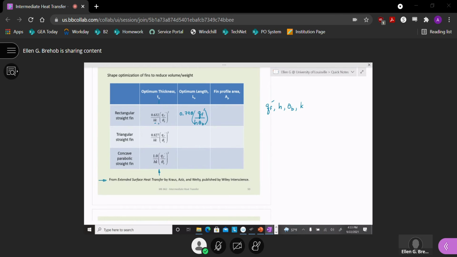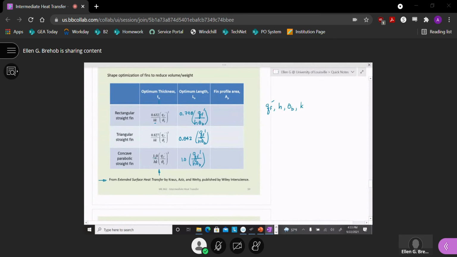If we had a triangular fin, it also has an optimal length, and for the concave parabolic, okay, and I haven't forgotten, there's really just like a coefficient of 1 out in front of each of these.